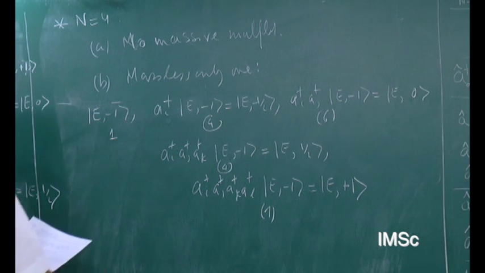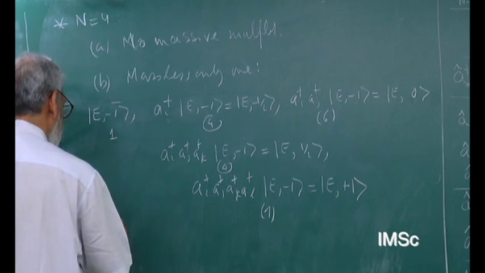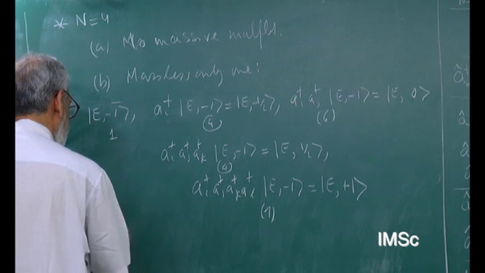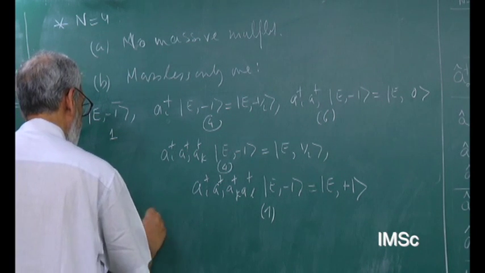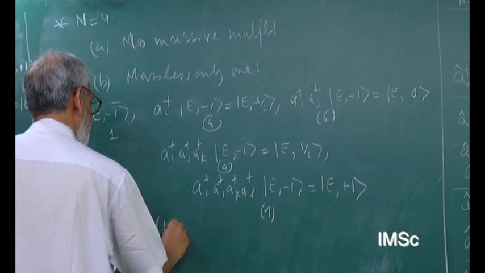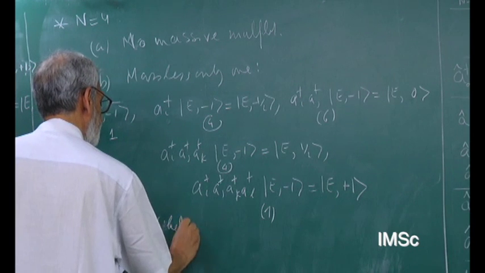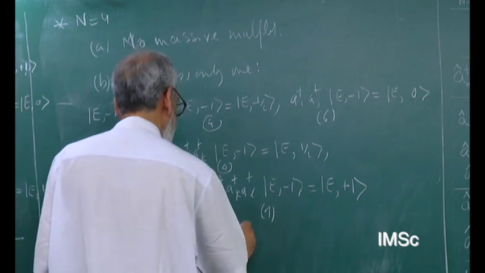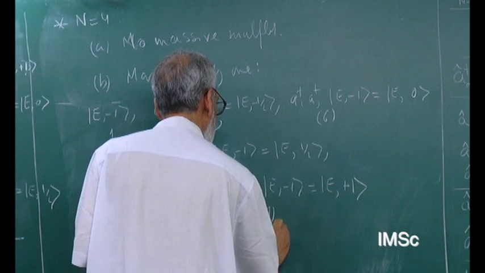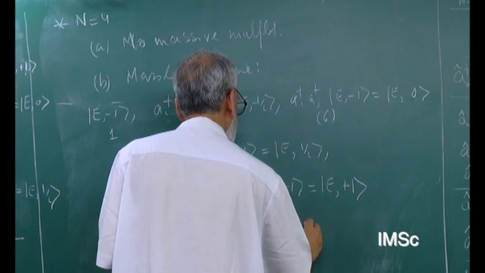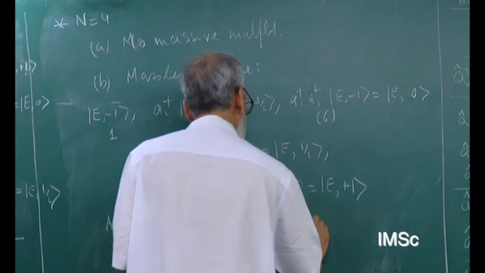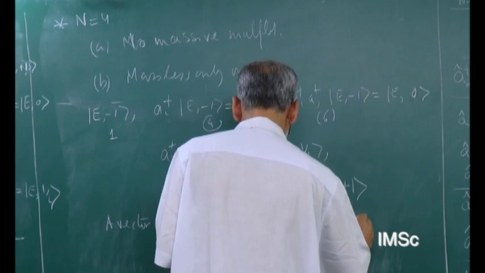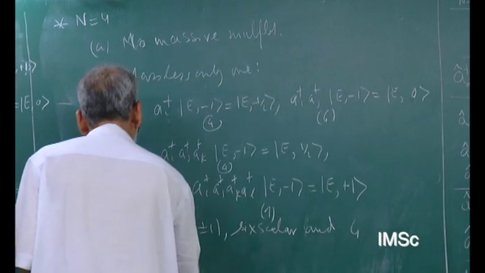And this contains a massless vector with helicity plus minus 1, 6 scalars, and 4 Majorana fermions.